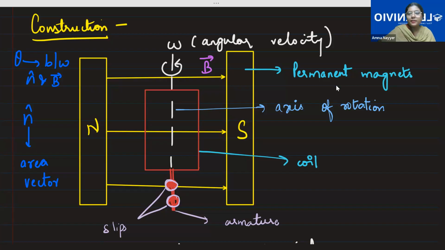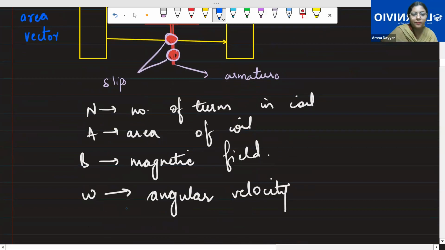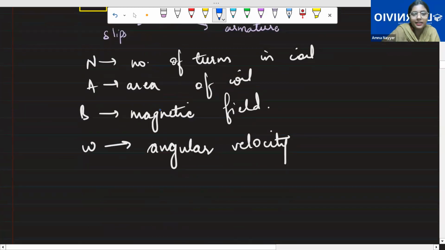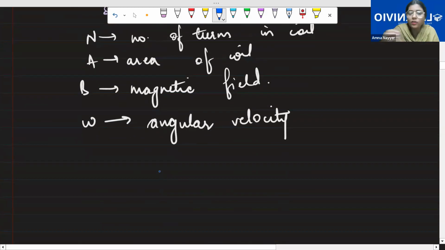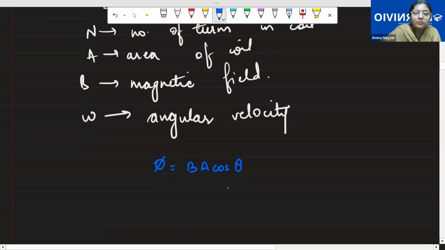Okay. See, now the formula part is here. When you calculate the EMF, what have we discussed? When we write the formula of the flux, we know flux is equal to BA cos theta, right? That is the formula of the flux.